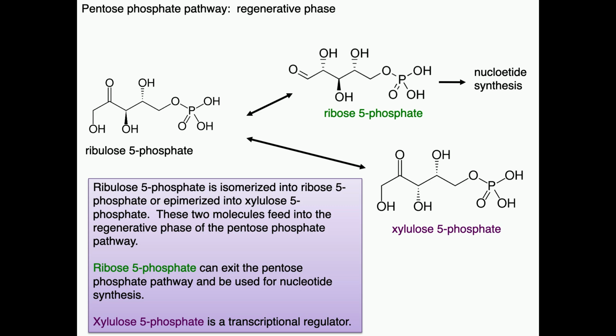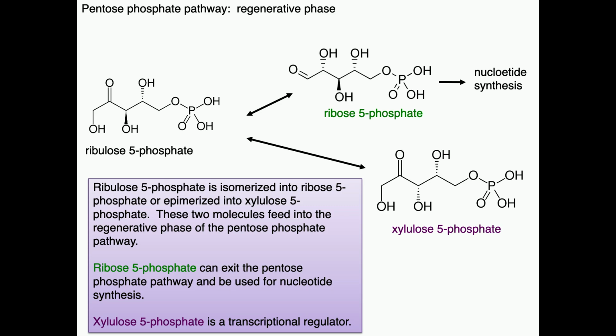We're going to talk about nucleotide synthesis in a week or so, so this will be elaborated on. If a cell is rapidly dividing and has a high nucleotide need, it's going to be doing this as a major function of the pentose phosphate pathway.